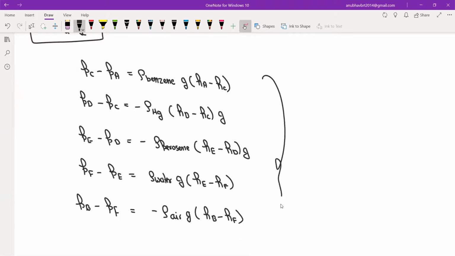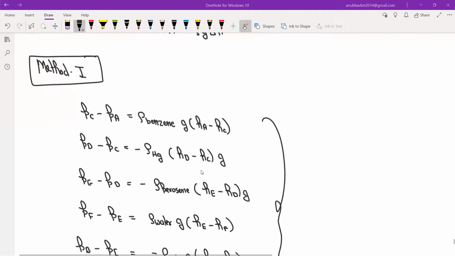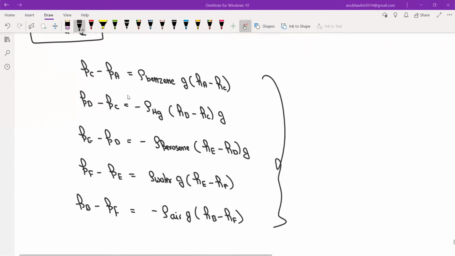I hope this method is much more crystal clear as compared to the previous one. You will not get confused in this method. Is it clear to each and every student? You just need to analyze like that.